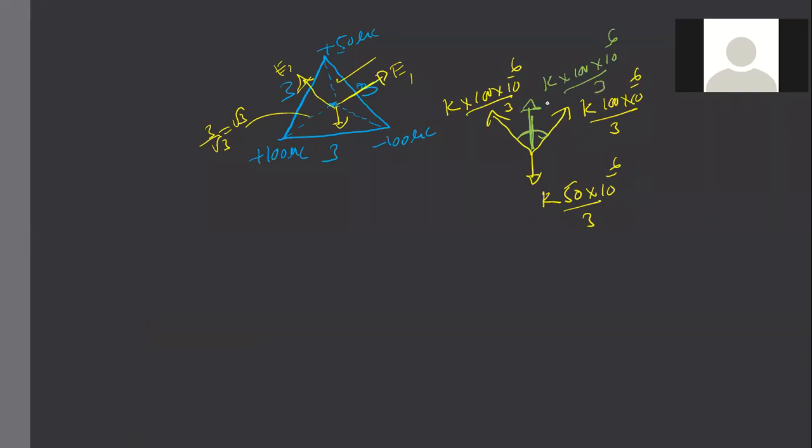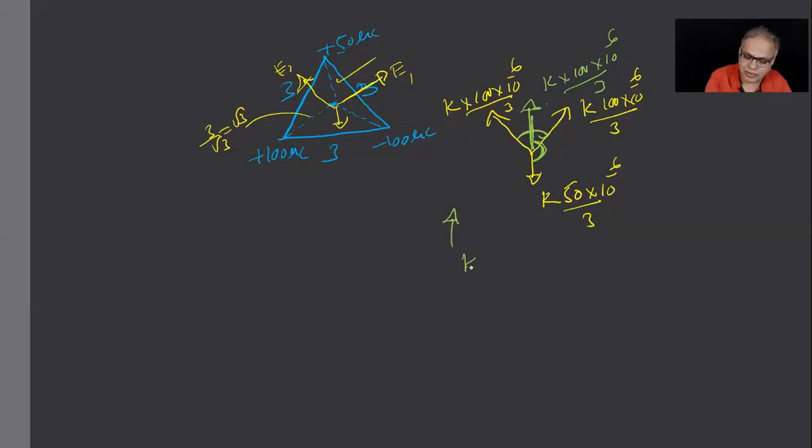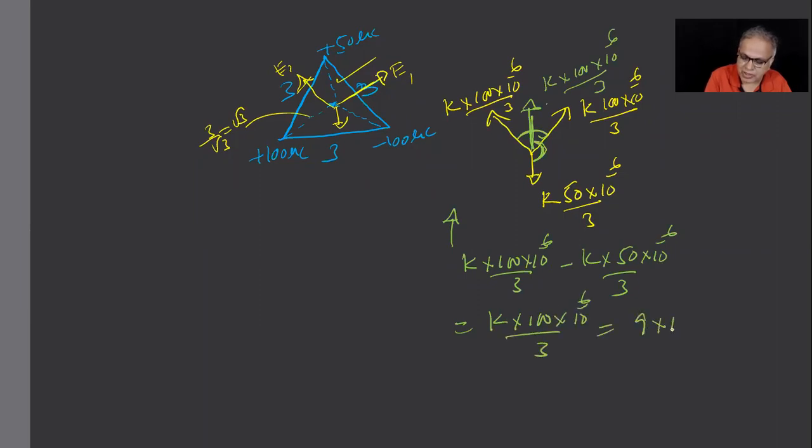So this is up and this is down. So they are in opposite direction. So the net field is upwards with the value of K into 100 into 10 to the power minus 6 by 3 minus K into 50 into 10 to the power minus 6 by 3, which is K into 100 into 10 to the power minus 6 by 3, which is 9 into 10 to the power 9 into 100 into 10 to the power minus 6 by 3.